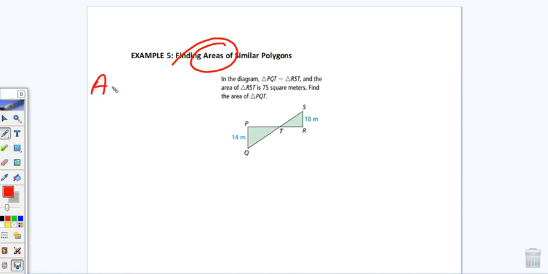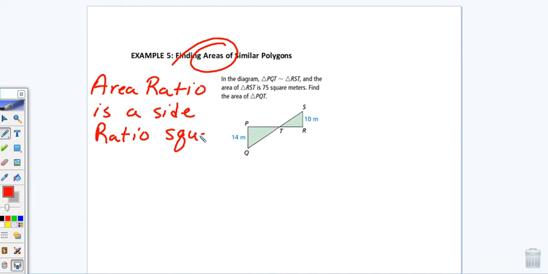Area ratio is a side ratio squared. Okay, so hear me out on this. An area ratio is a what? Side ratio really to what power?